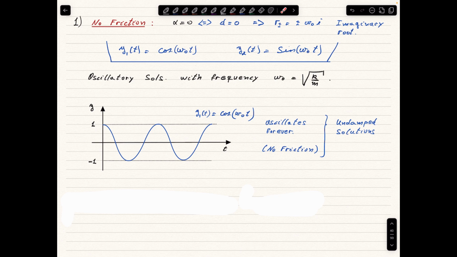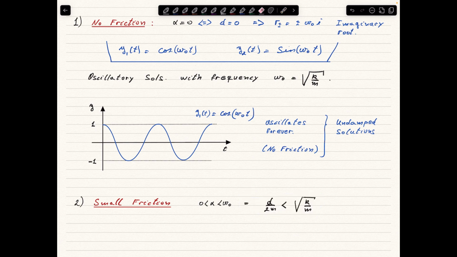Now let's move on to the next case in the classification, which is small friction. And we said small friction means alpha is positive but small in this sense, smaller than omega. In that case, this implies that, okay, that should be an implies. And you see alpha is given by this formula, omega is given by this formula. So from here we can multiply the equation by 2m and by 2m.